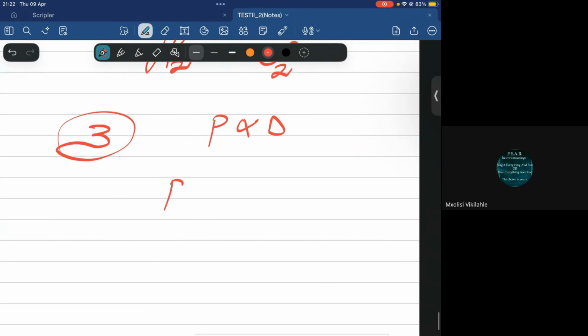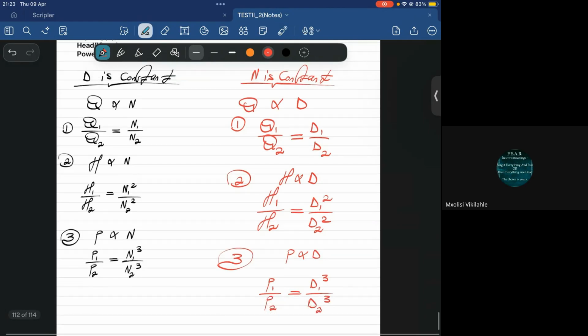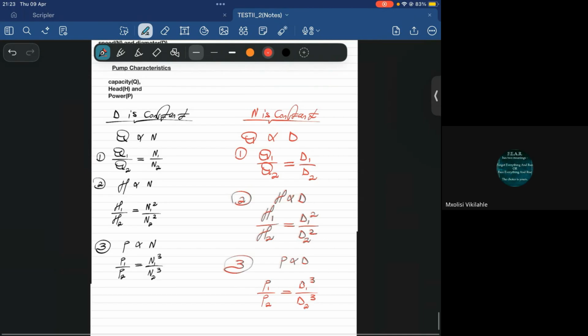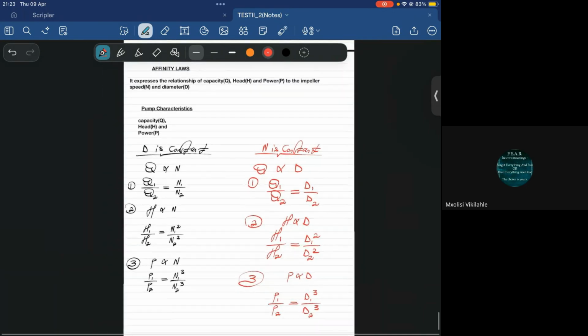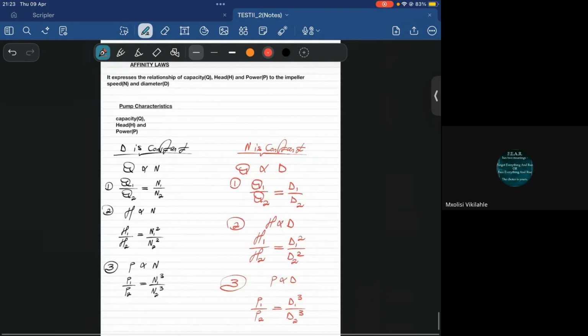And this means that power required by pump 1 over power required by pump 2 will be equal to impeller diameter of pump 1 to the exponent 3 divided by impeller diameter 2, all to the exponent 3. So that's according to the affinity laws. You must know these formulas.